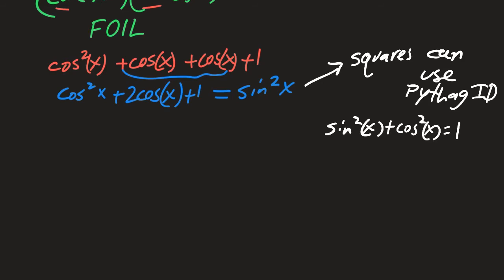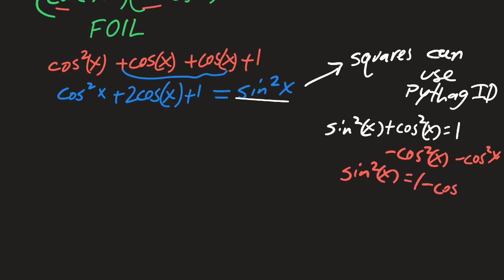is equal to 1. All right, so what I'm going to do is, again, let's just get one of these by itself. I'm going to go ahead and just get sine by itself since it's already on one side. So let's move over this cosine squared x. And now I've got sine squared of x equals 1 minus cosine squared of x.